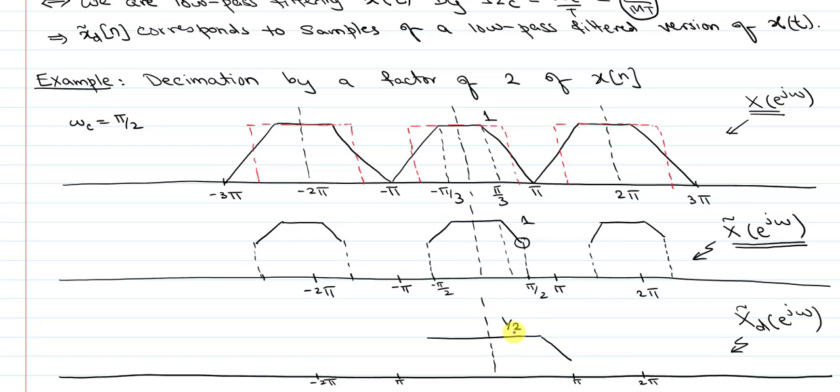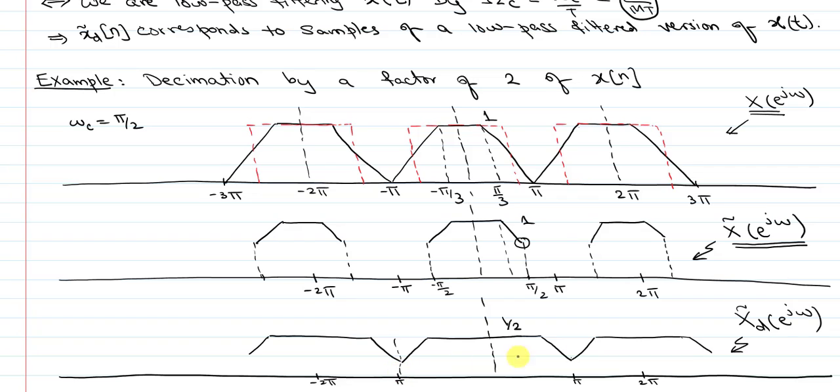So this height will be 1 by 2. This point is going to be 1/2 of this circle. Similarly, this is going to come down, and this is my stretching of whatever the frequencies are between minus pi and pi. And then I will have a periodic repetition of this. So I'll do the same thing around pi, 2 pi, around minus 2 pi, and so forth. So when I do decimation, this is what I will be having.